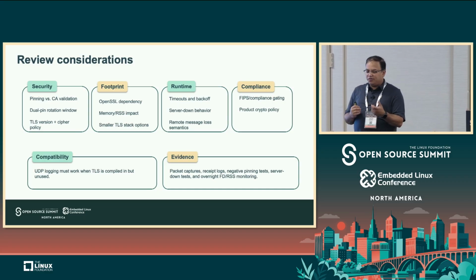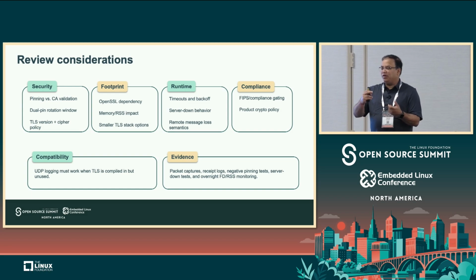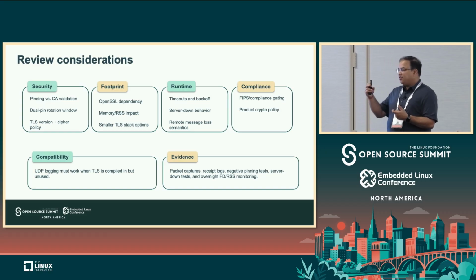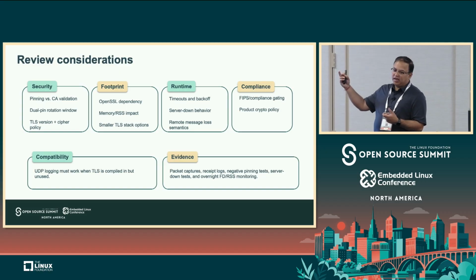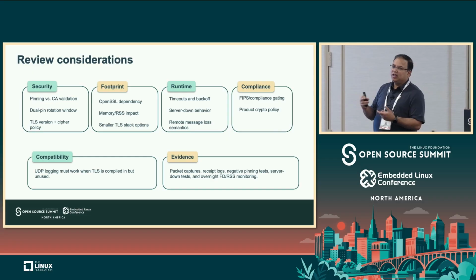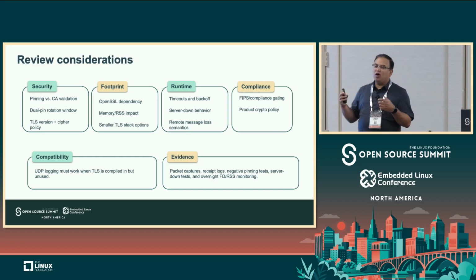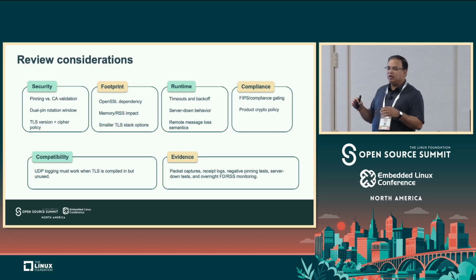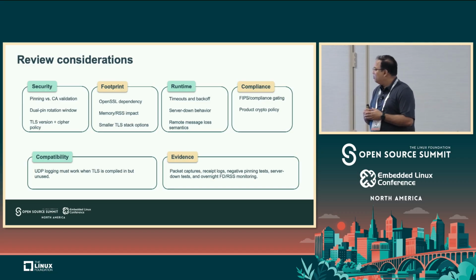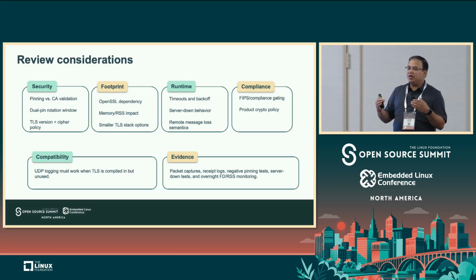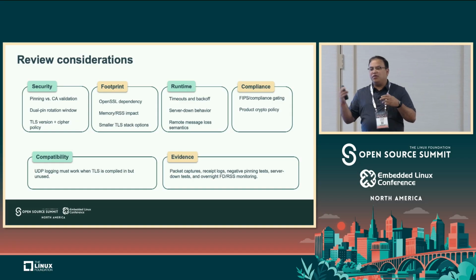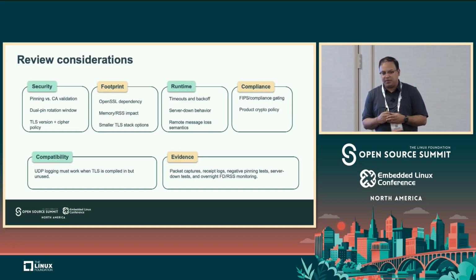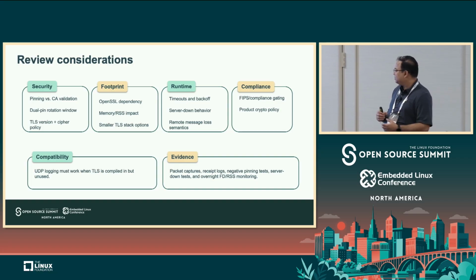Currently, in the pinning, we provide only one public key file to the syslogd daemon. If the public key file at the server changes, we thought about how to implement that. It was already considered during the review that we might need to implement a dual pin rotation window in which we can change the server without bringing down the syslogd daemon running on an embedded device.